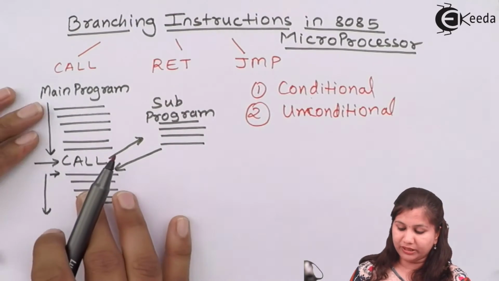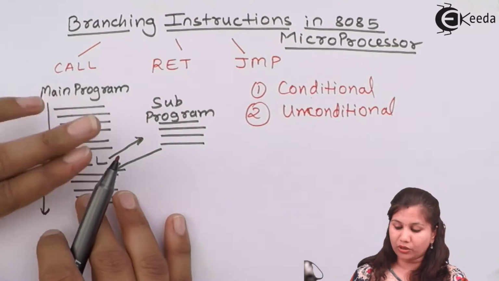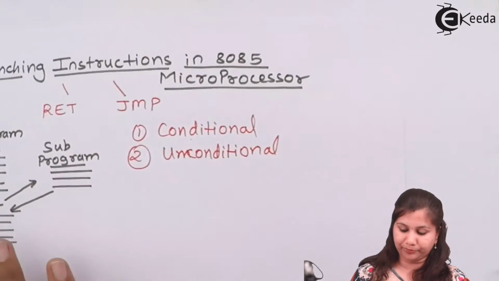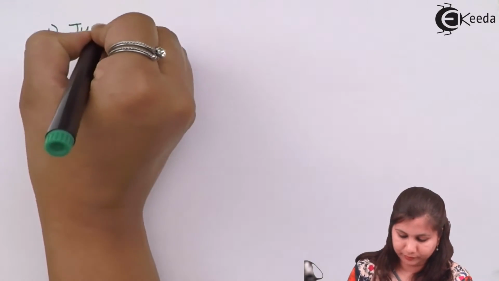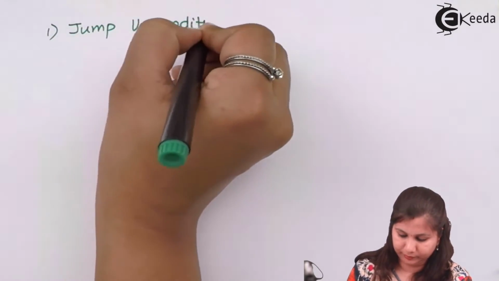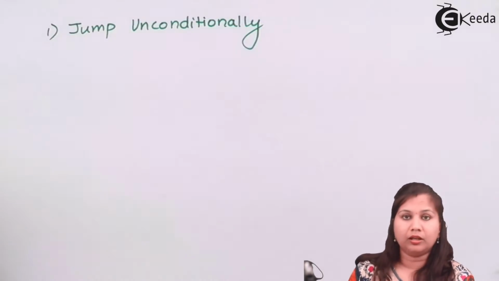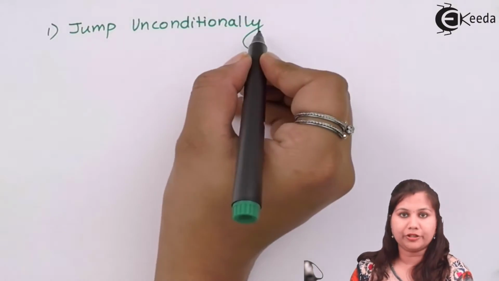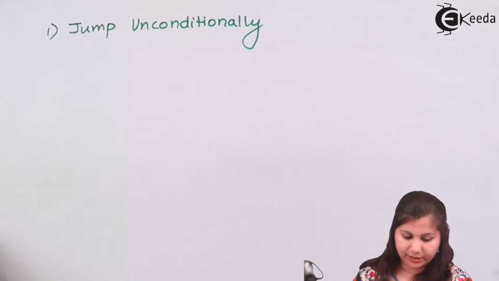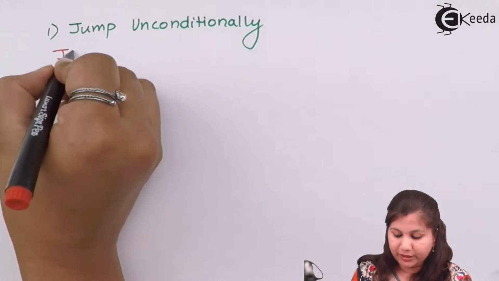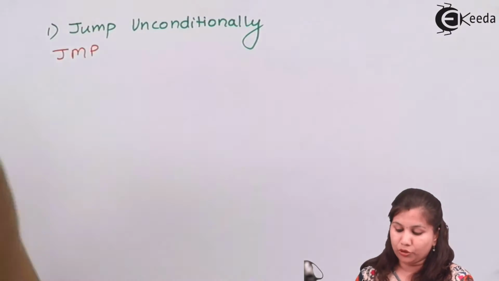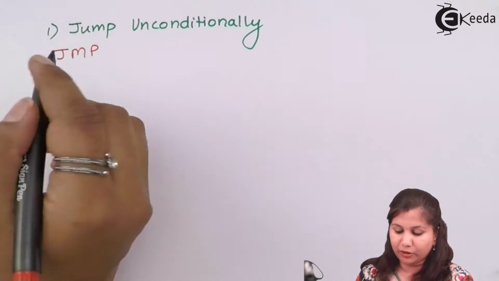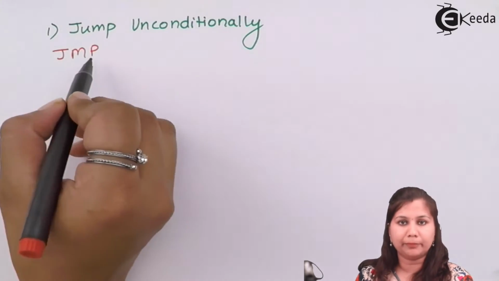So let's start with these branching instructions, call, return and jump. First, we will start with the unconditional jump instruction. Jump unconditionally. The mnemonic for this, mnemonic is the form in which the instruction is written in the program. So in the program, we are going to write JMP.